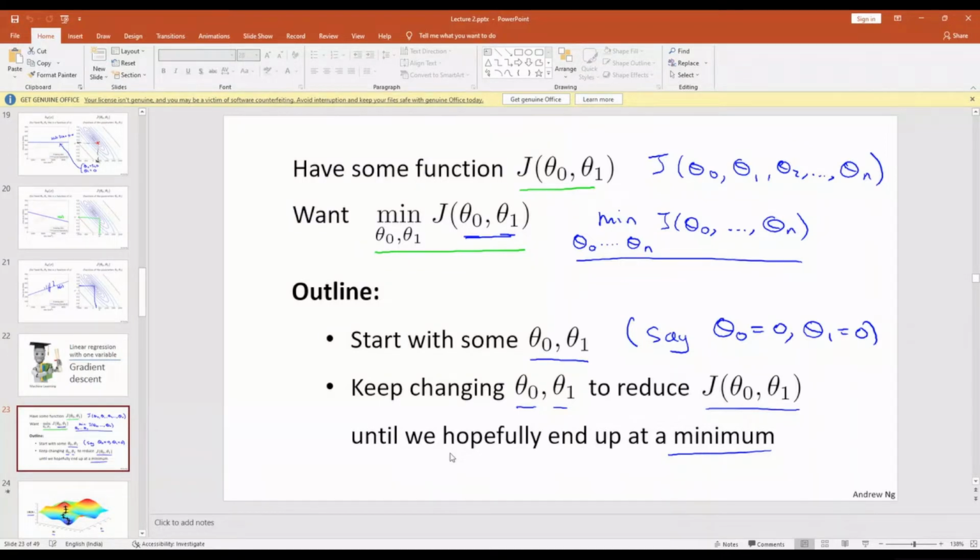So to draw that perfect optimum line, with the minimum j of theta function, the minimum cost function, where the cost function is minimum, we want perfect theta 0 and theta 1, right? So let's say we started with theta 0 theta 1 as 0 0.